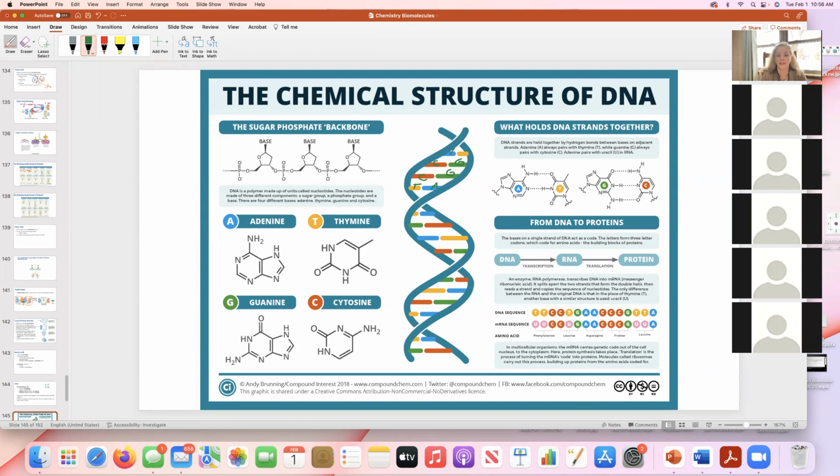So adenine, thymine. A pairs with T and C pairs with G. A will form 2 hydrogen bonds with T, and C will always form 3 hydrogen bonds with G. And you can see that over here.